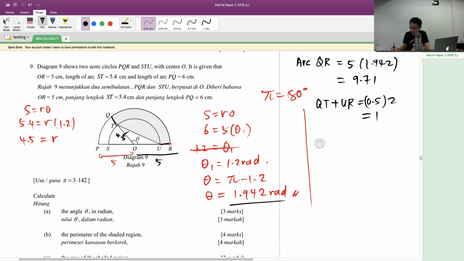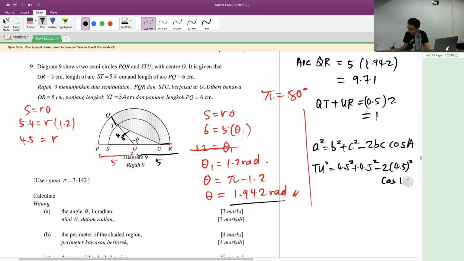For TU you will need to use the cosine rule. I hope you remember the cosine rule, which is a squared equals b squared plus c squared minus 2bc cos A. I will need to use this rule to find TU. So TU squared equals 4.5 squared plus 4.5 squared minus 2 multiplied by 4.5 and 4.5, so 4.5 squared, and then cos of the angle 1.942.